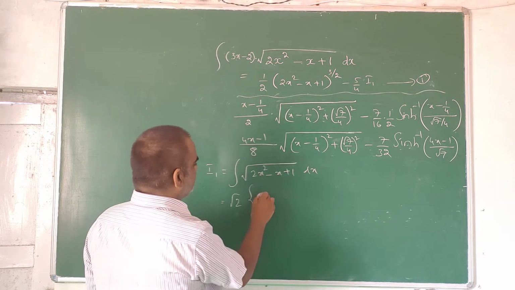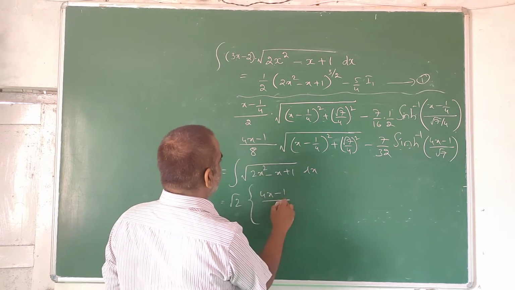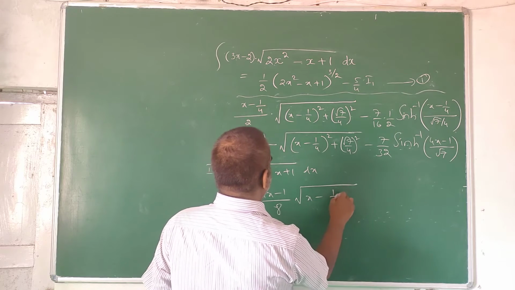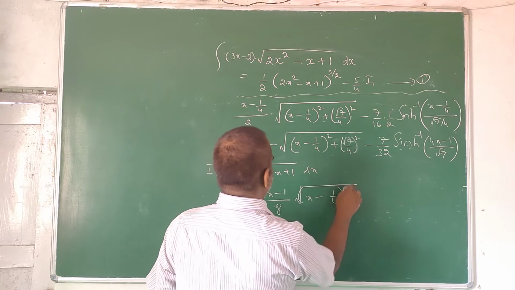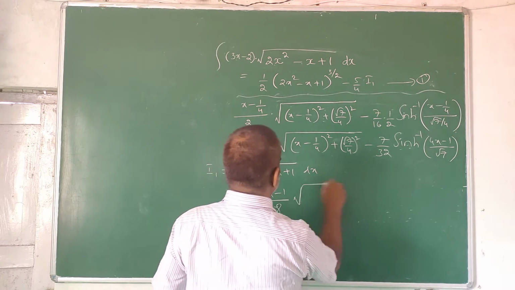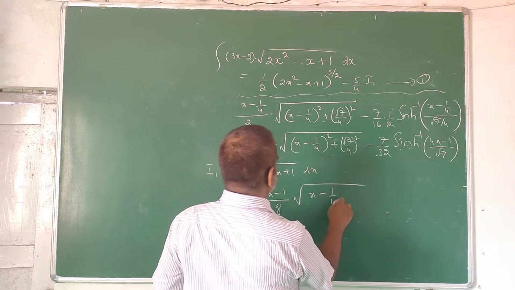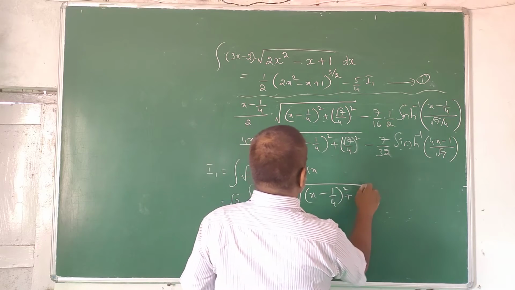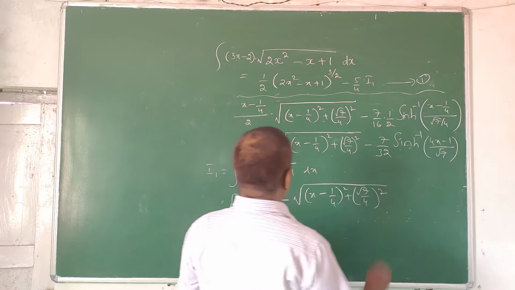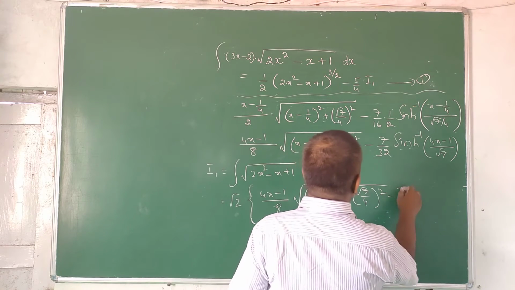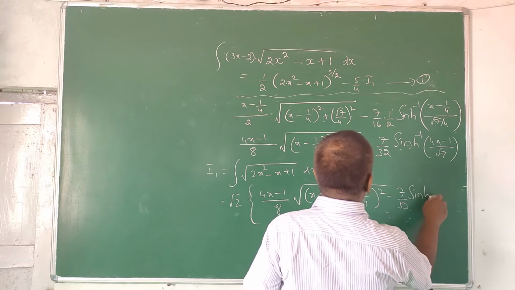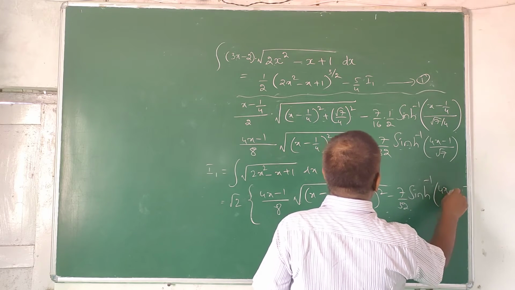So root 2 times 4x minus 1 by 8 into root over x minus 1 by 4 whole square plus root 7 by 4 whole square minus 7 by 32 into sinh inverse 4x minus 1 by root 7.